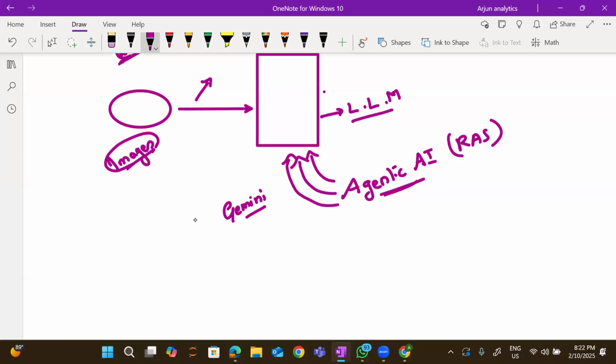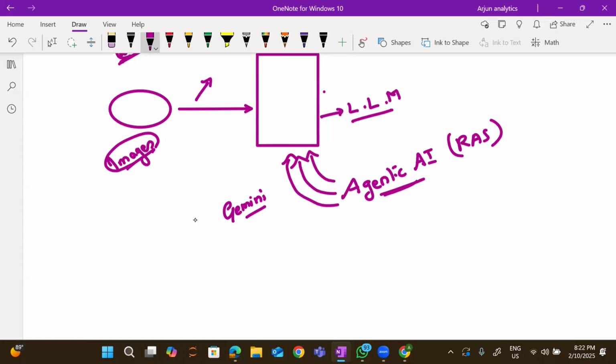This agentic AI has just come into existence. It's been like 6 or 7 months since people started using agentic AI. Generative AI is from the past couple of years, 2 or 3 years. Deep learning is from 2006, and machine learning is from the past 50 years.